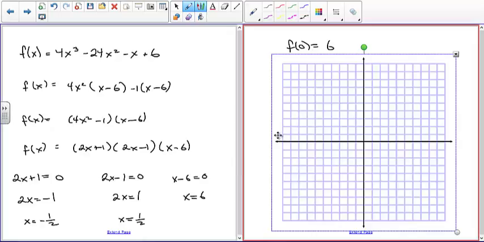Let's assume this goes from -10 to +10 on the x-axis, and from -10 to +10 on the y-axis. So you've got x equals -1/2, x equals +1/2, x equals 6. So there are the x-intercepts. And then you've got a y-intercept of, what do we get for the y-intercept? 6. So 1, 2, 3, 4, 5, 6.